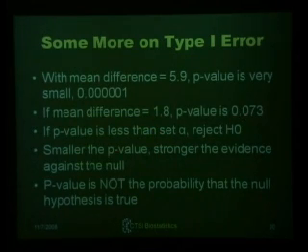However, if you're willing to accept a 10% type 1 error rate, then this study will result in rejecting the null hypothesis. Okay? So it all depends on how much type 1 error probability you're satisfied with. So smaller the p-value, stronger is the evidence against the null. Right? You're looking for small numbers, then it's stronger evidence.